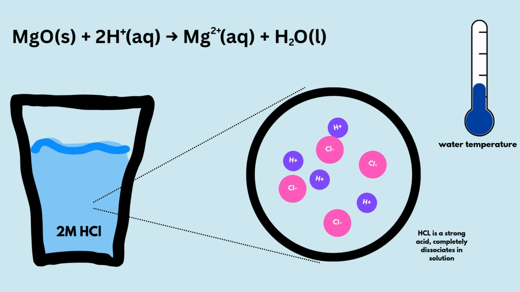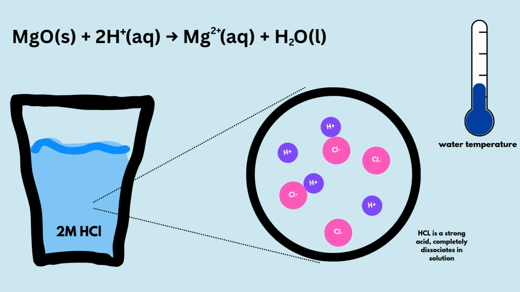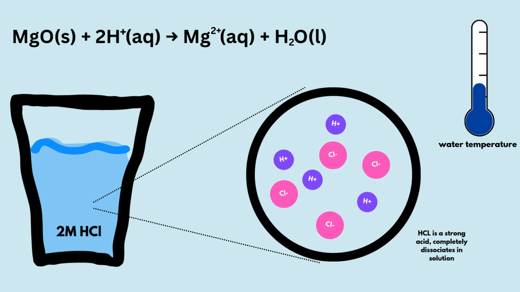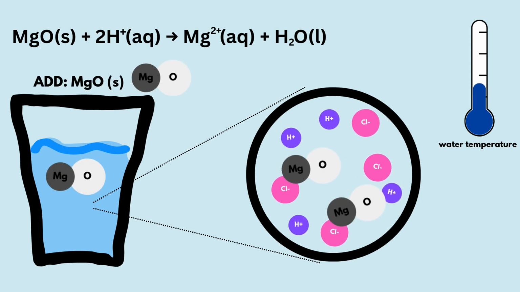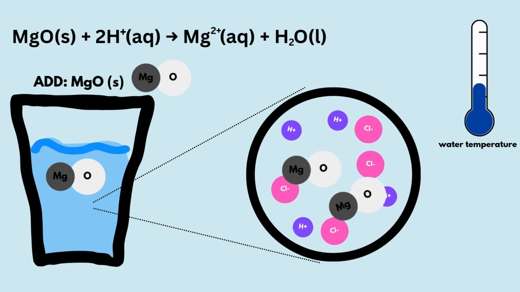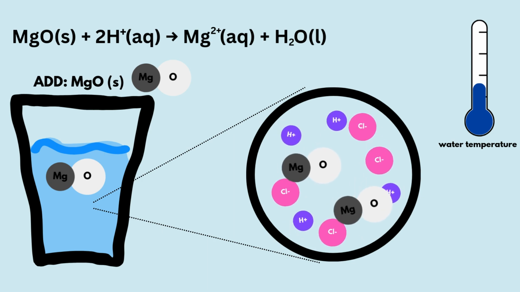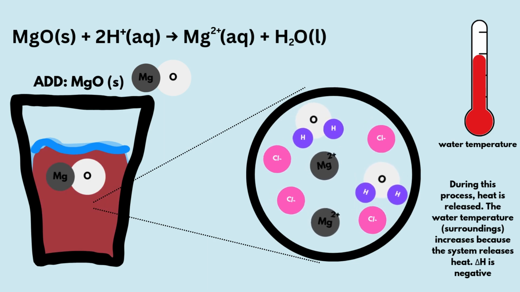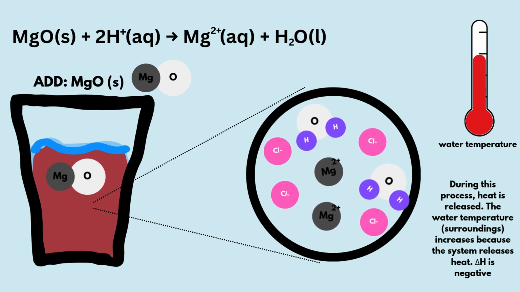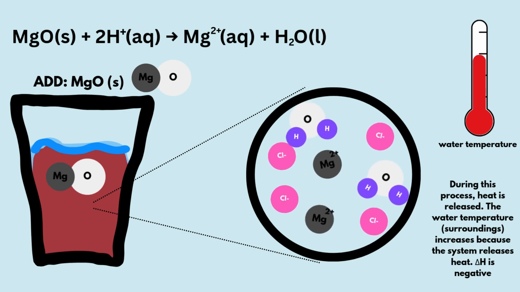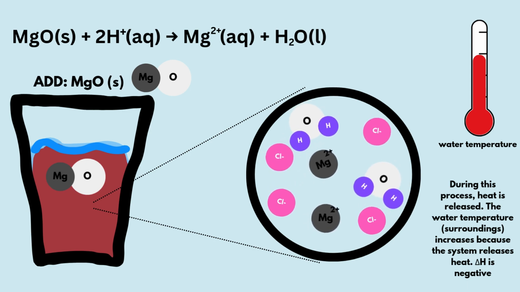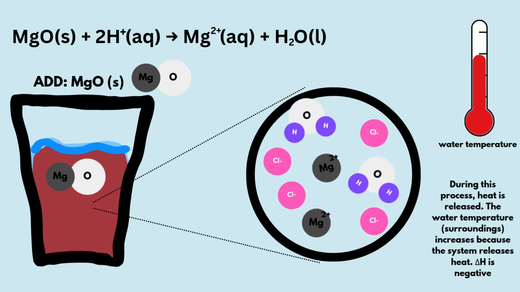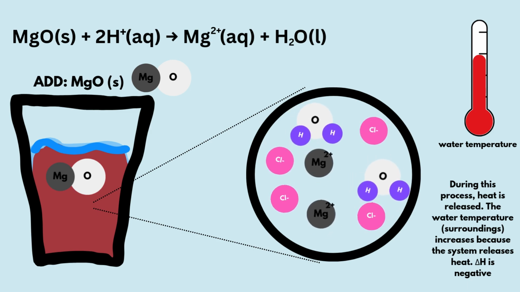Again, aqueous HCl is used to get hydrogen since it completely dissociates. When magnesium oxide is added, it reacts with the hydrogen ions. The oxygen in the magnesium oxide joins with the hydrogen ions to create water, leaving aqueous magnesium ions. This reaction is exothermic, so the water temperature increases. This means that the enthalpy is negative.